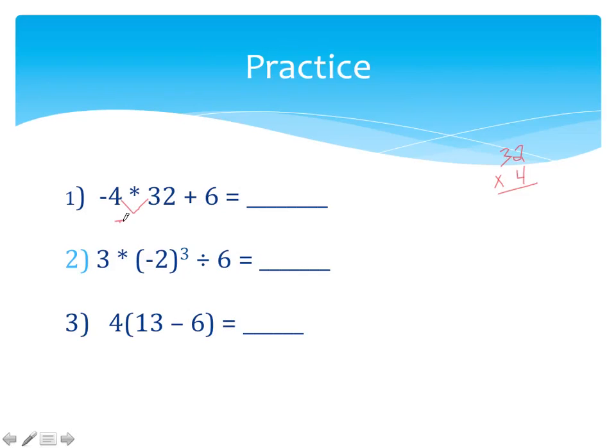So I'm going to put the negative sign first. That way I don't forget about the sign. And now I can go through and actually do my multiplying. So 4 times 2 gives me 8, and 4 times 3 gives me 12. So I have 128. So -4 times 32 is -128.